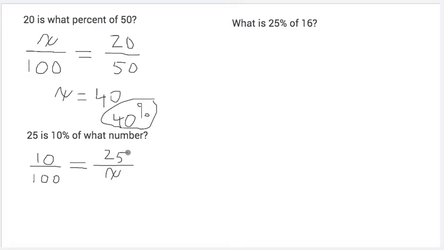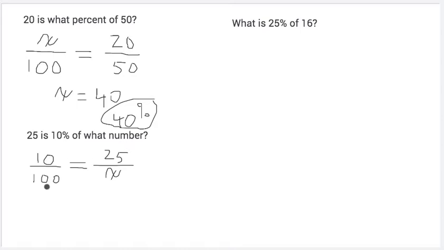Conveniently, we have a proportion we can work with. 25 times 100 is 2,500. 2,500 divided by 10 is 250. Remember, we're multiplying the diagonals and dividing by the number that's left over.